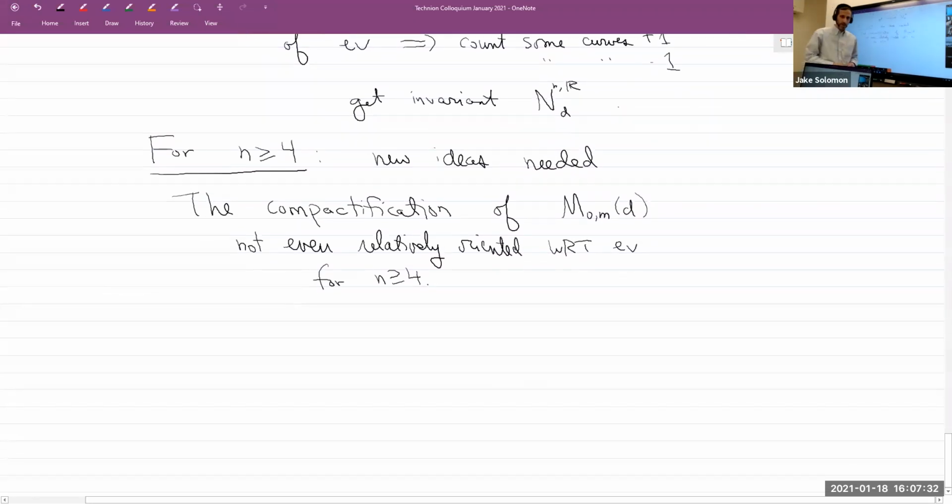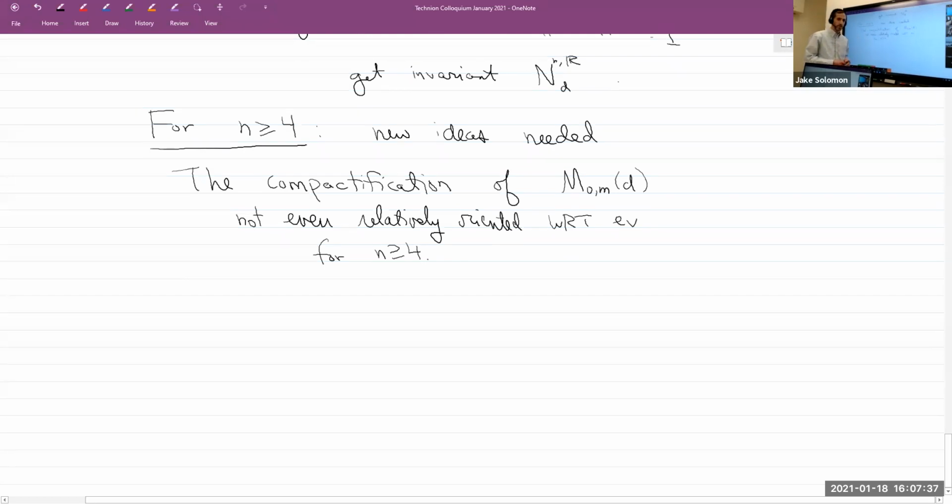Okay, but the general philosophy in this field is that if you don't know what to do, somehow these invariants have a life of their own. So they just work. And so the first thing we asked actually was, can we compute these invariants? I mean, Welschinger gave a definition for n equals 2 and 3.